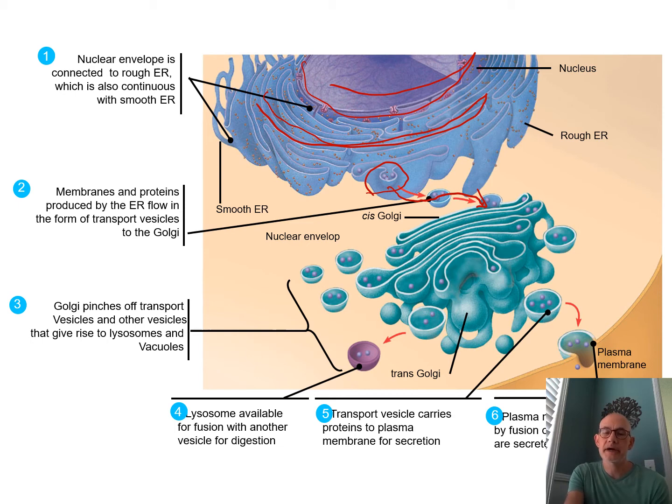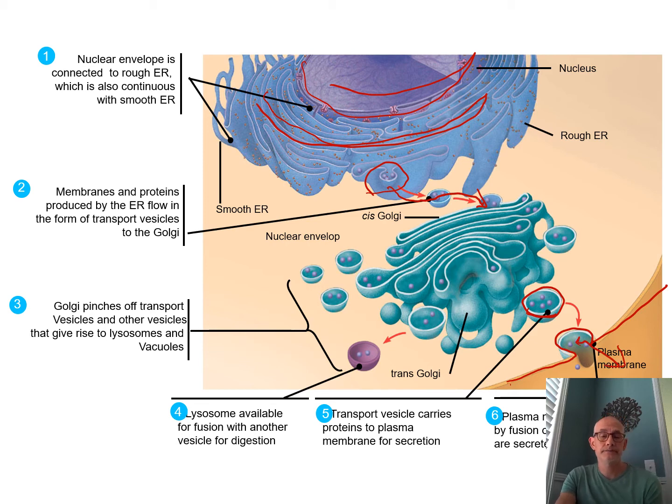The Golgi apparatus is going to kind of process and kind of fine-tune those products, and then it will make a new vesicle at the end, and that vesicle will either stay in the cell and do a specific job, or it will merge with the cell membrane, and whatever's inside of it gets dumped out.